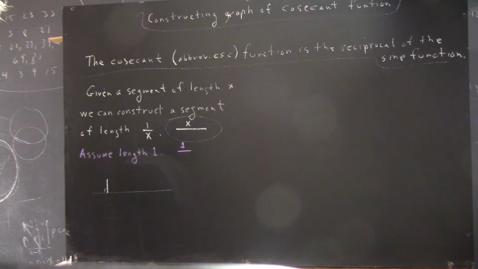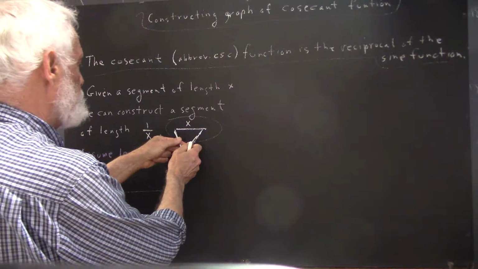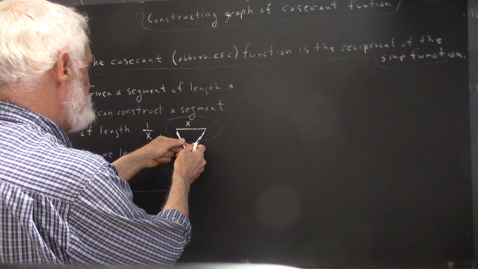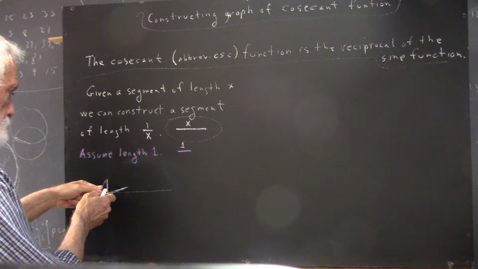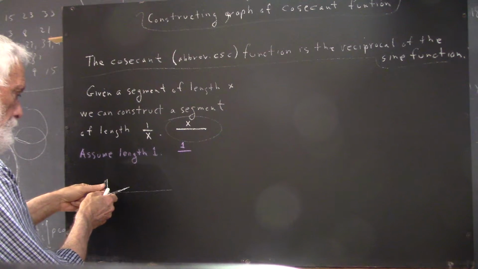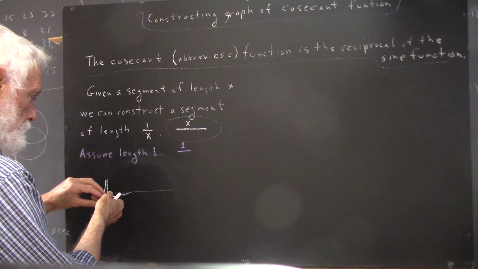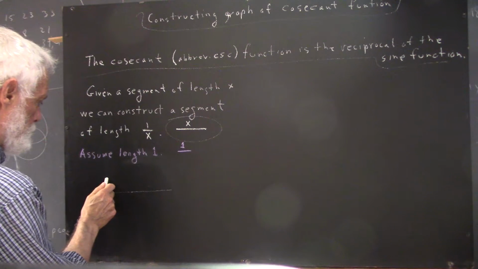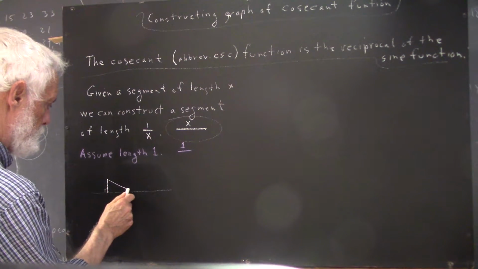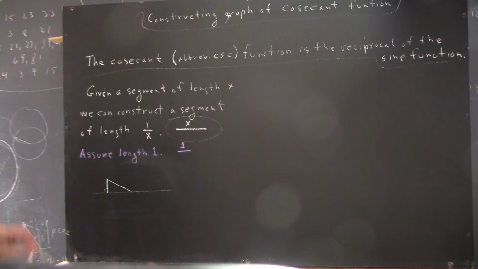And then open the compass to length x, and construct a segment from here to here. I don't have a straight edge handy, so nothing is very precise, including my right angle.